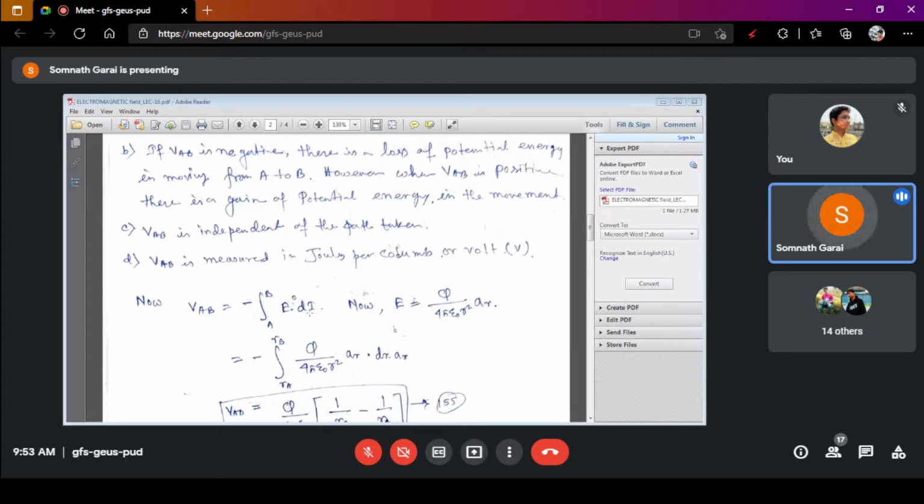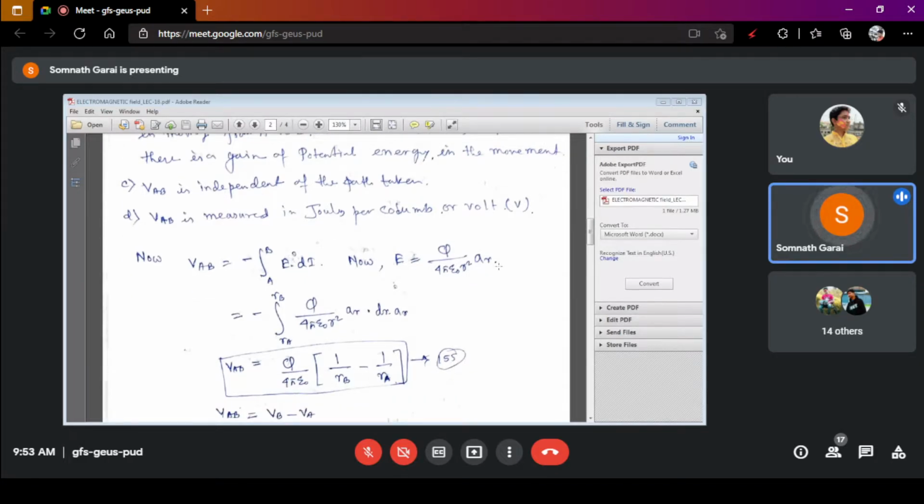Now according to Coulomb's law of a point charge, we already discussed and proved that the electric field E equals Q by 4 pi epsilon naught R square into aR.